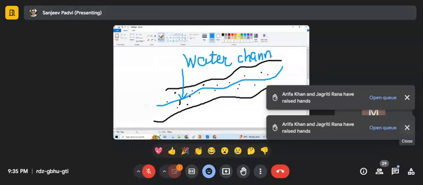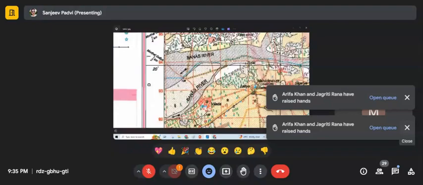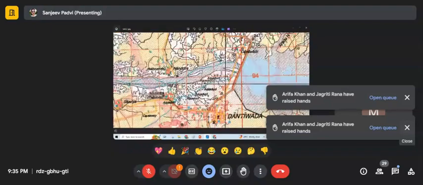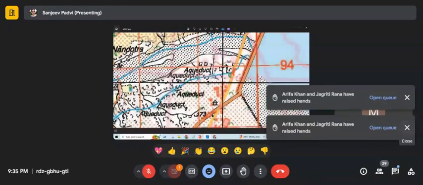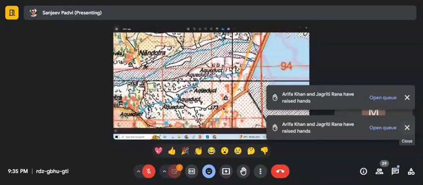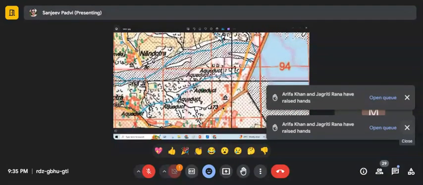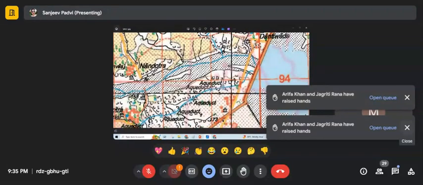But if this blue line is outside the river, now look here. This upper blue line is inside the river, the lower blue line is outside the river. Do you notice? So this is a canal. But when it is inside the river, it is a water channel. Understood?